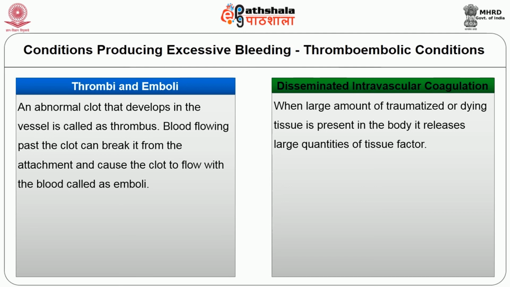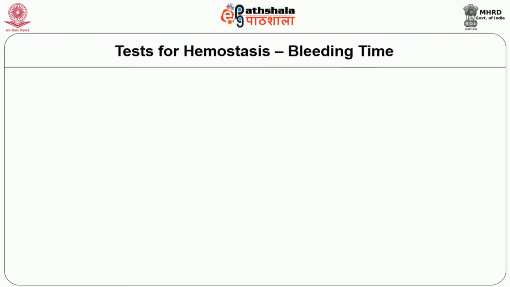Plugging of the peripheral vessels leads to decreased delivery of oxygen and nutrients to the tissues, which exacerbates the circulatory shock already present in the patient. It is a very dangerous condition which has to be attended to immediately. So, these are a few applied aspects relating to coagulation.